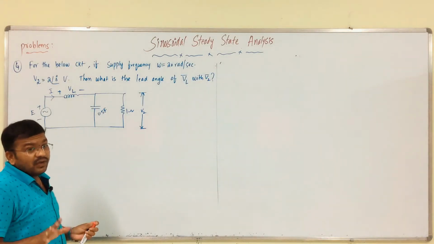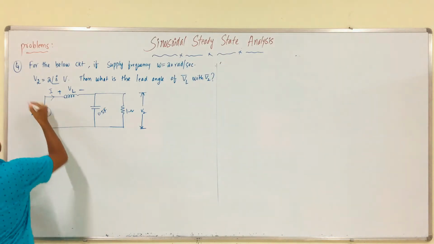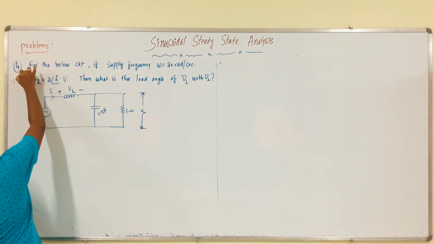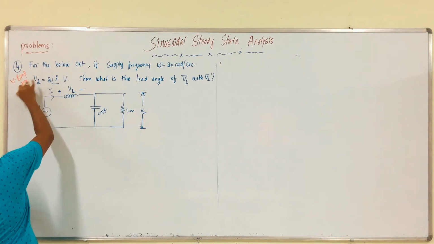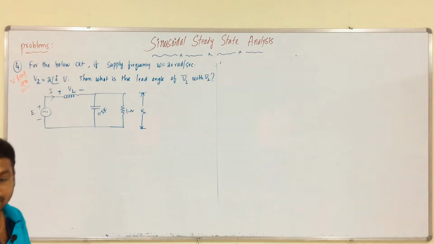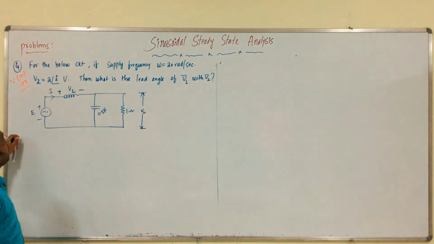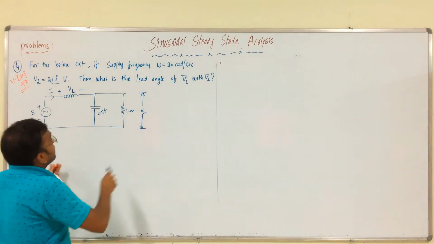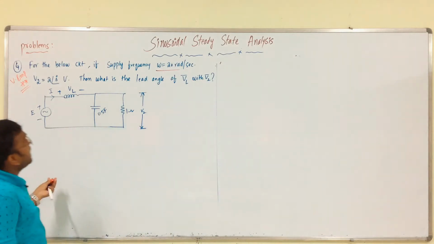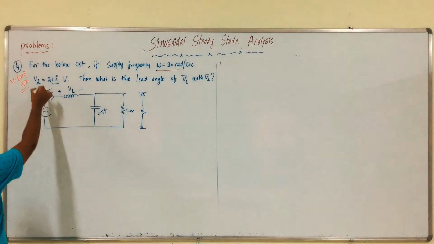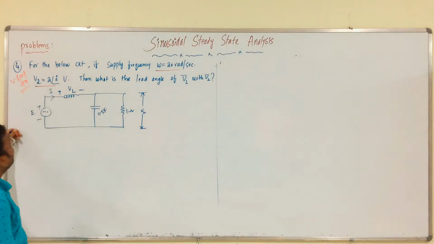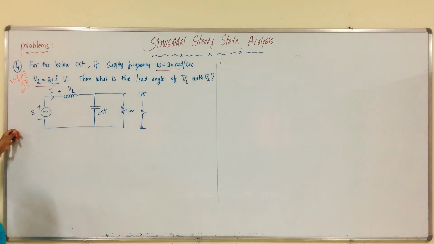All of you listen carefully. This problem is a very important one. See, for the below circuit, if the supply frequency is 20 radians per second, and he provided V2 as 2 at an angle 0, then what is the lead angle of VL with V2? He wants the lead angle of VL with respect to V2.